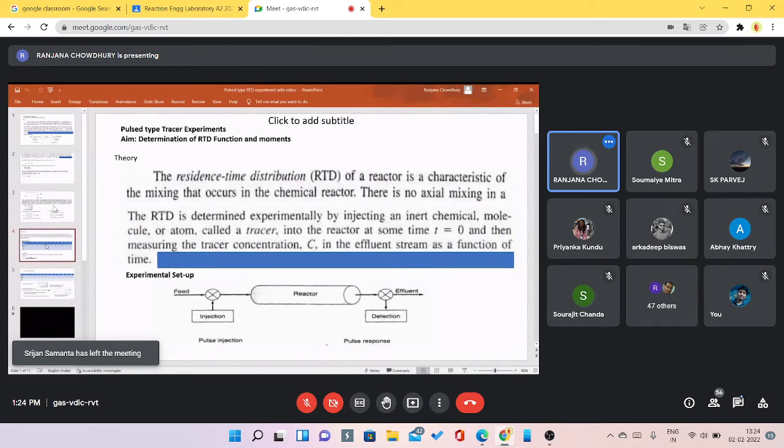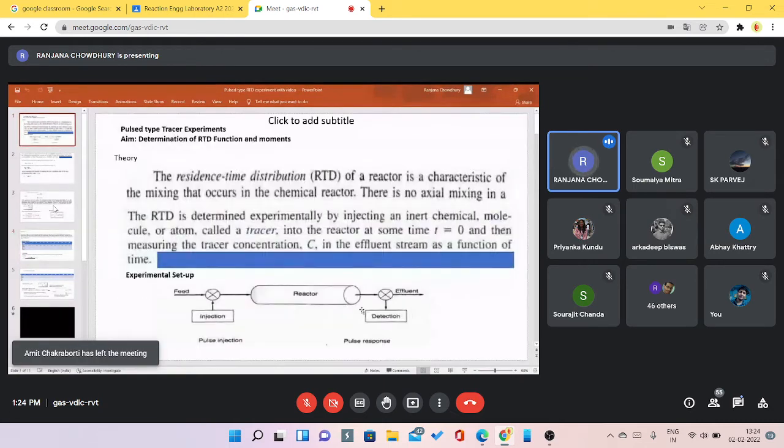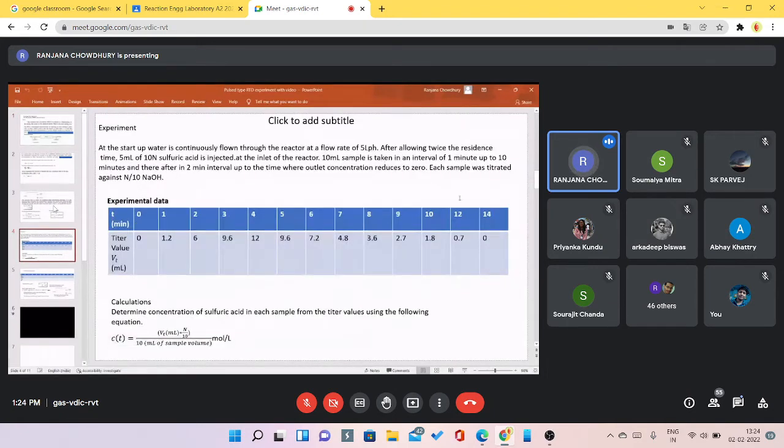These outlet samples are taken at different intervals. You can see the intervals of sampling: 0, 1, 2, 3, 4, 5, 6, 7, 8, 9, 10. Up to this, a 1 minute interval is maintained, and after that a 2 minute interval is maintained up to the point when the outlet concentration has dropped to 0.